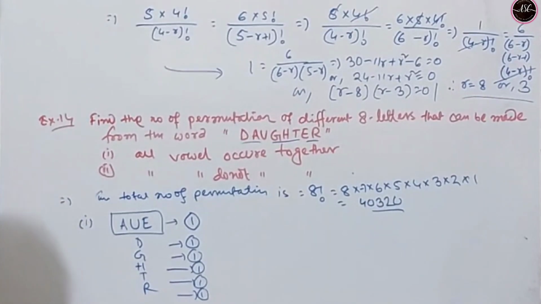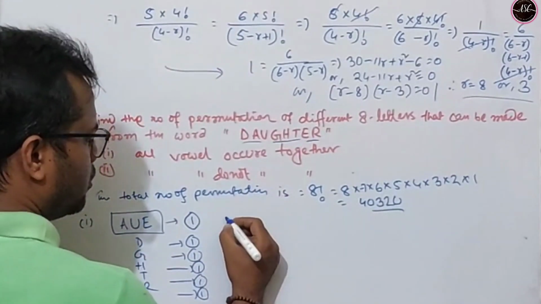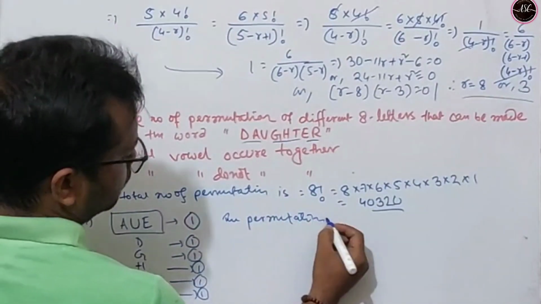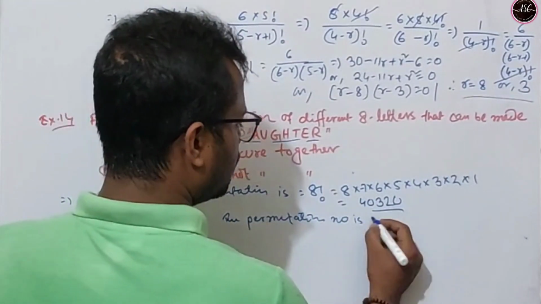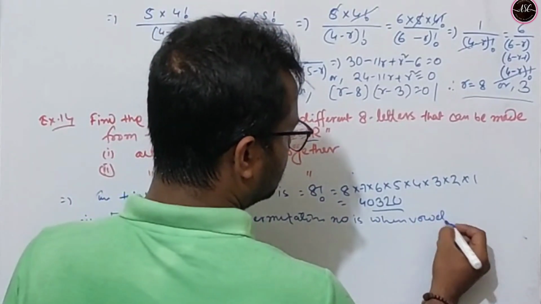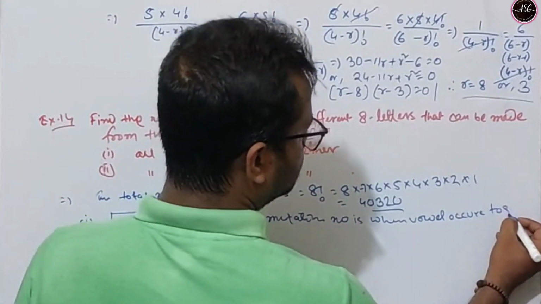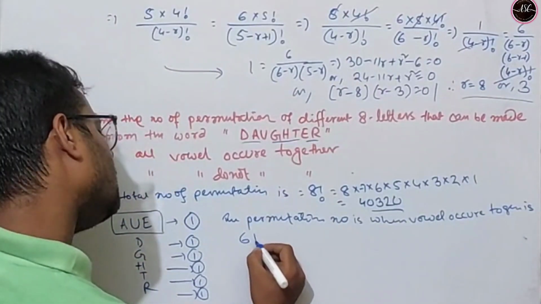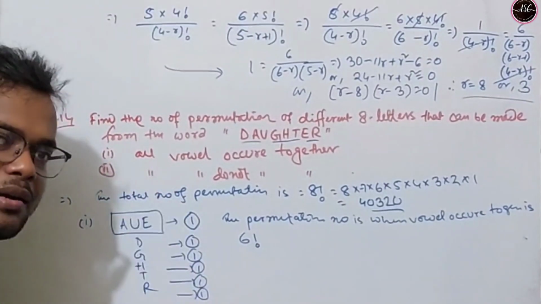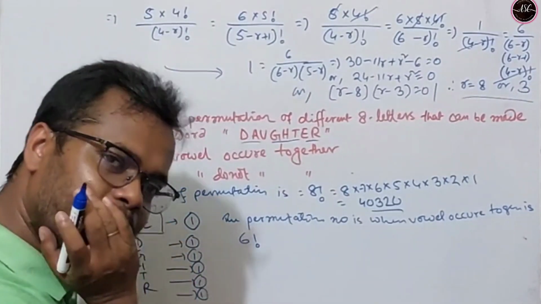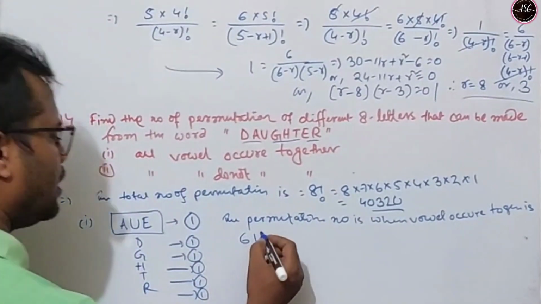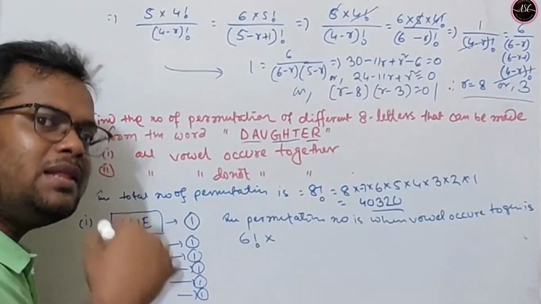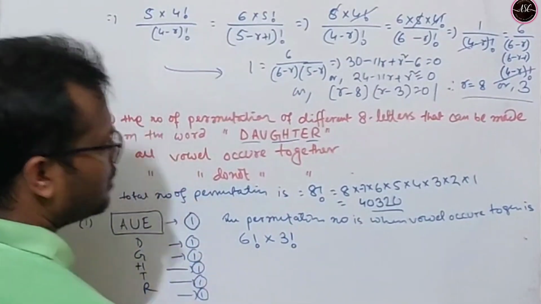So the permutation number when vowels occur together: these 6 letters can occur in 6 factorial ways. And these 3 vowels can occur in 3 factorial ways, so multiply with 3 factorial.